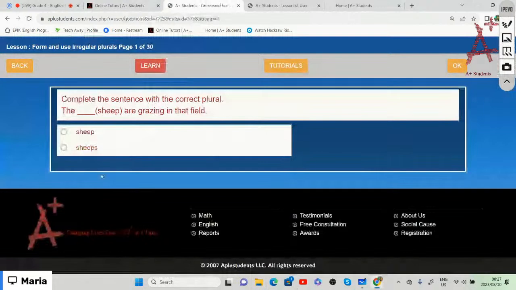All right, I'm going to do a test. We need to complete the sentence with the correct plural. The sheep are gazing in the field. So is it sheep or sheeps? We need to choose the correct one, either sheep or sheeps.